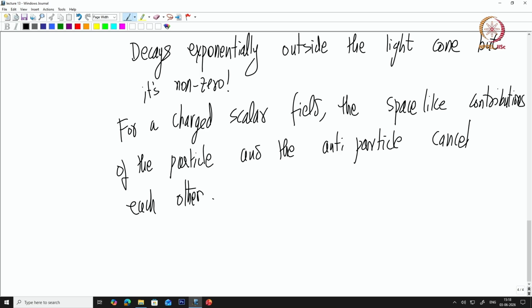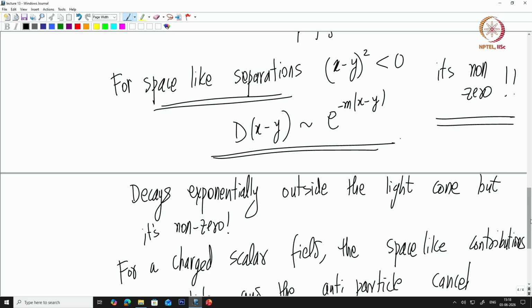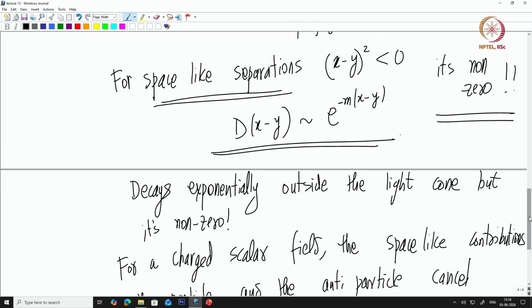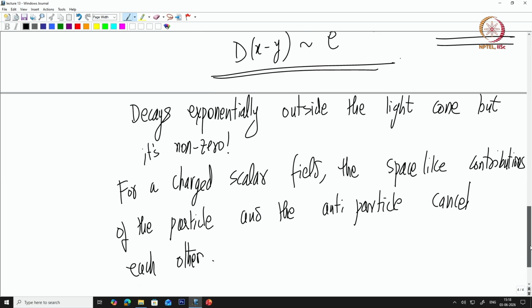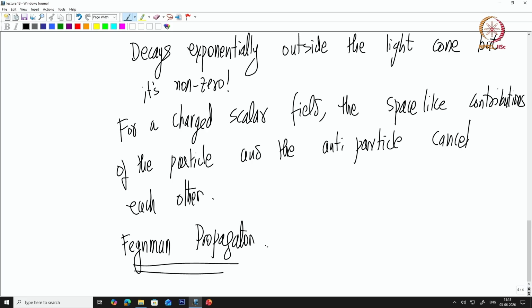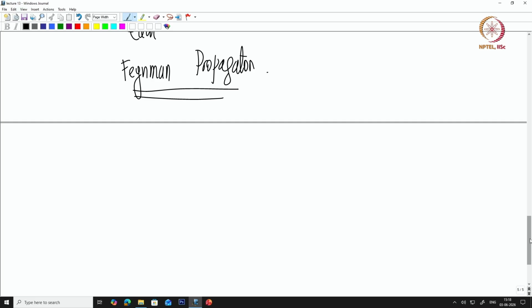So, in particular, this D is called the propagator in general, but the prescription we actually use in calculations is called the Feynman propagator. What is the Feynman propagator?